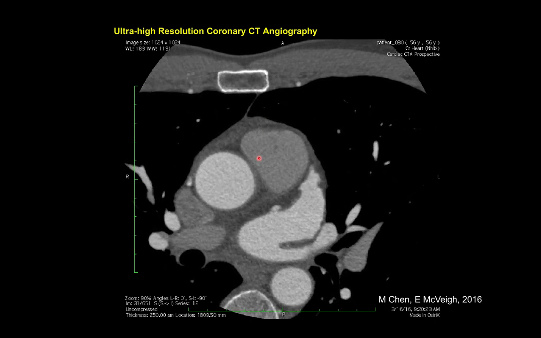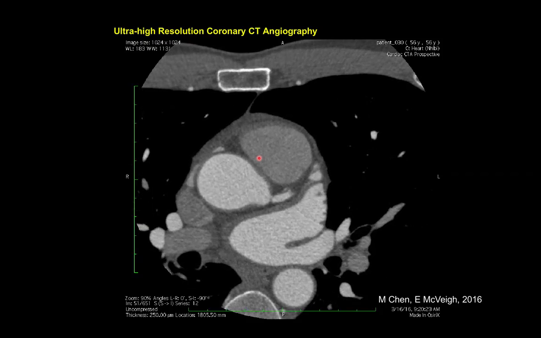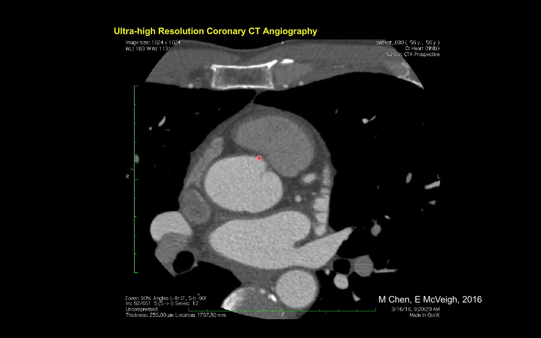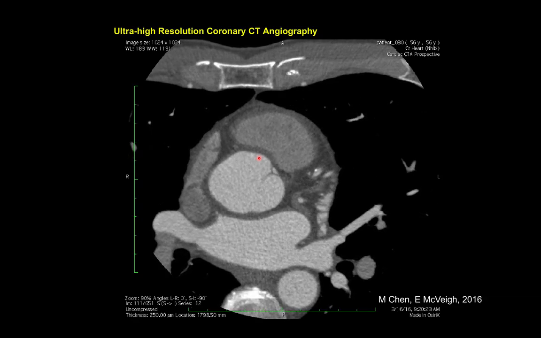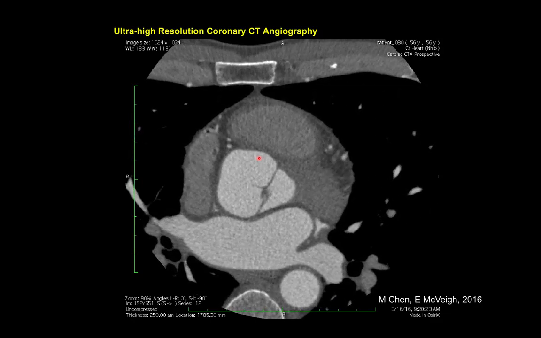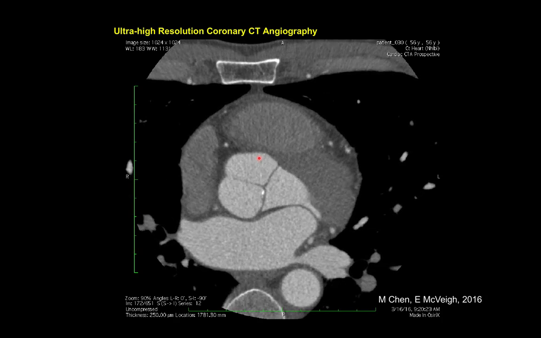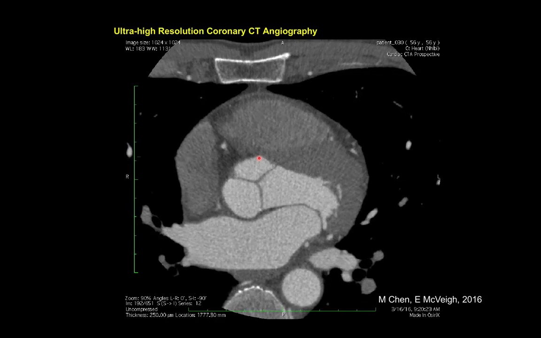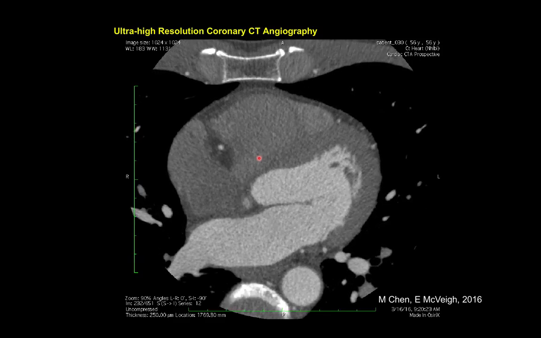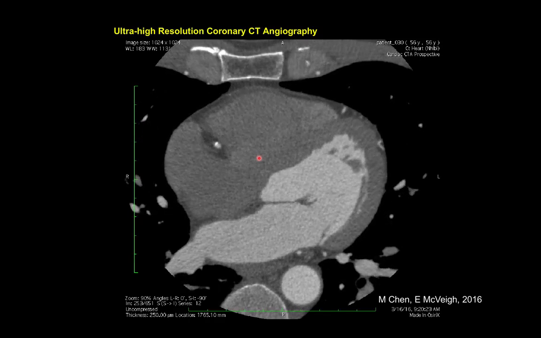That same machine can be used, although it's a little tricky, to do cardiac imaging. The reason it's a little tricky is because the gantry itself can't rotate as fast, because we need to build up the X-rays on this detector. There are so many detector elements.